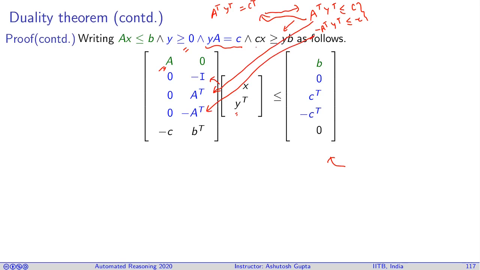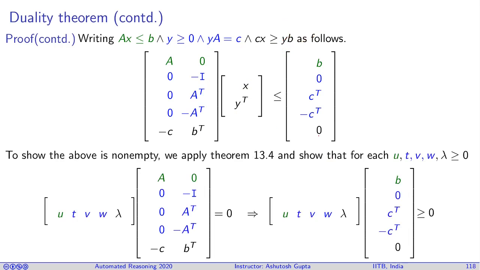Finally, you need to model this, and you say cx minus yb gives you 0. Then theorem 13.4 says that if we have non-negative vectors u, t, v, w, y which multiply with this matrix to equal 0, that means that this multiplication gets equal to 0.